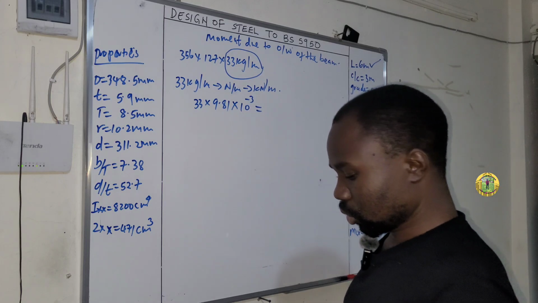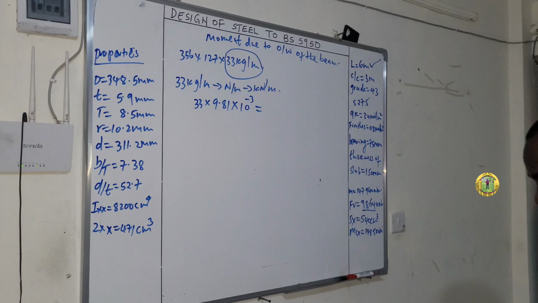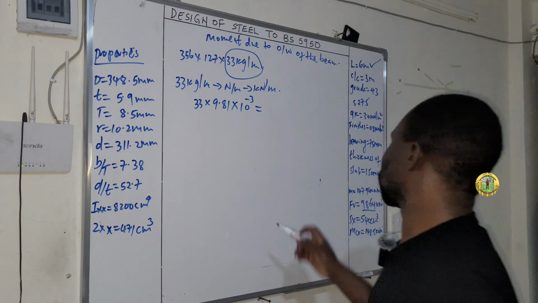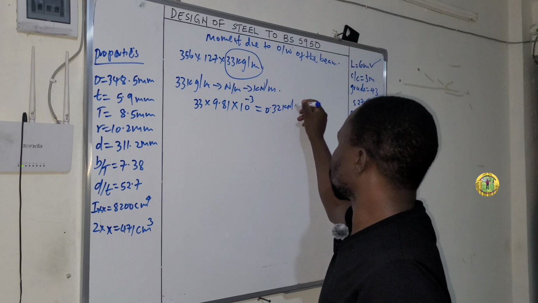So this one is equal to 33 times 9.81 times 10 to power of negative 3. So this is 0.32 kilonewton per meter.